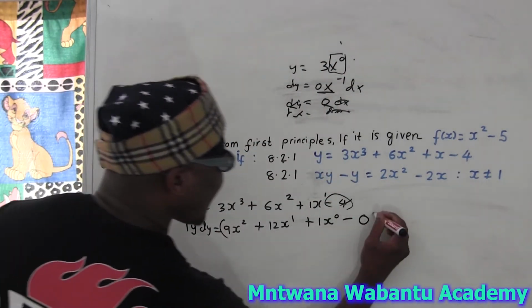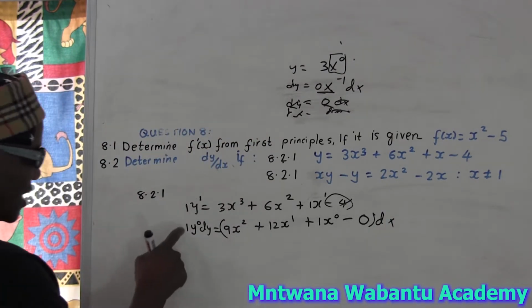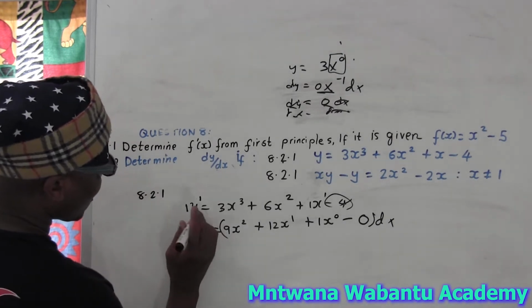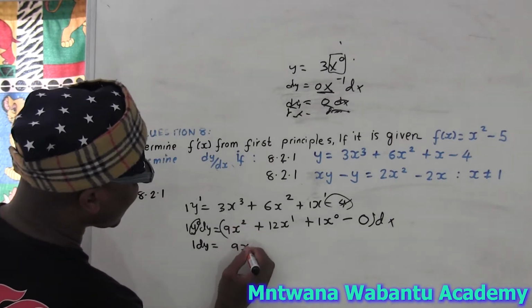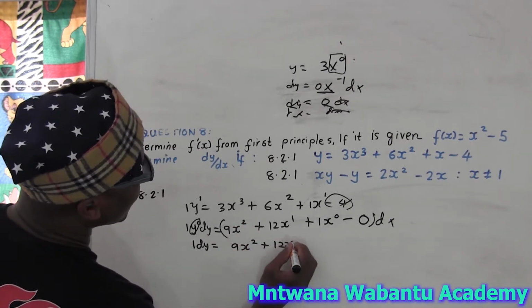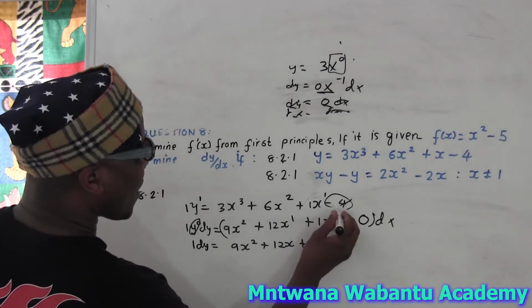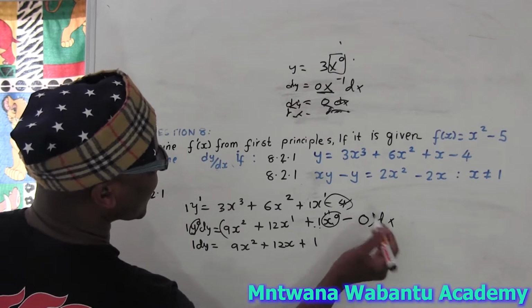See, this number doesn't have an x, so it equals 0. So here on the right-hand side, we differentiate x, give it respect, dx. You know what I'm saying? Any number power 0 equal to 1, means all this power 0 equal to 1. So 1 times 1 equal to 1, and they say dy. Okay, this is going to be 9x squared plus 12x power 1, is just 12x, plus 1 times 1 equal to 1, minus 0, just nothing.